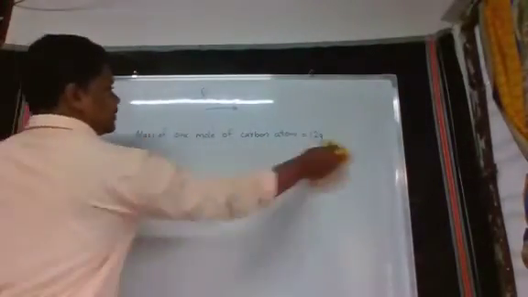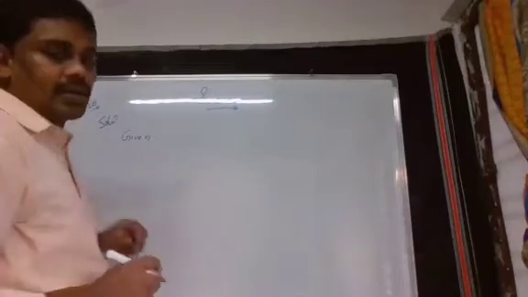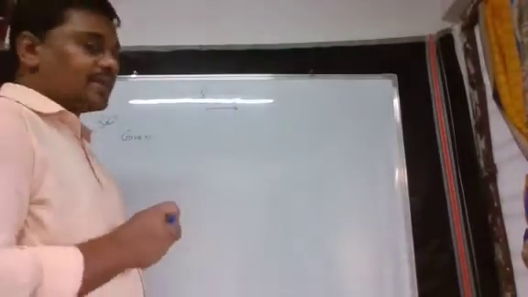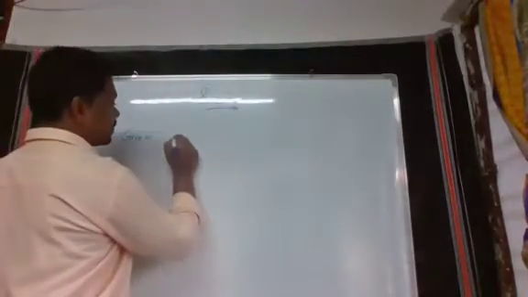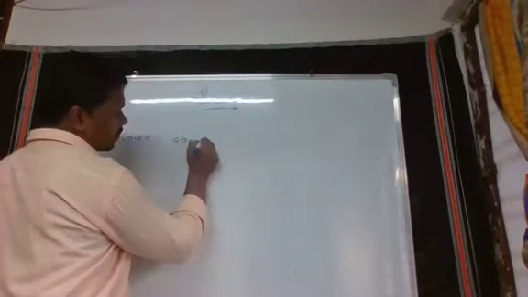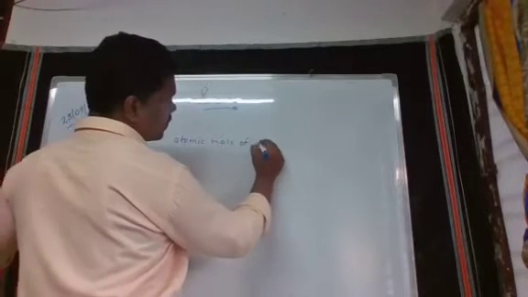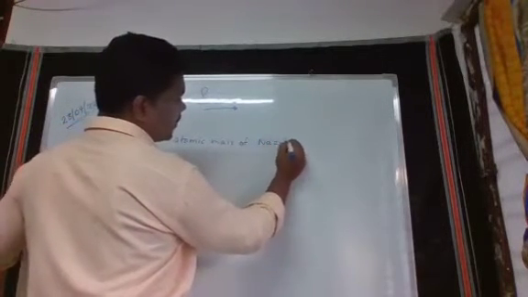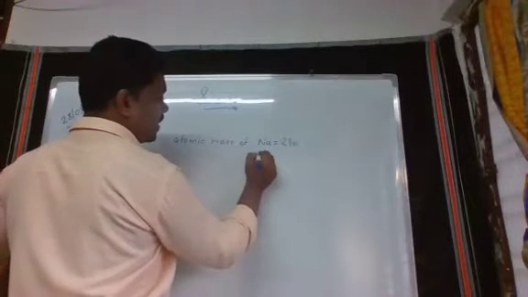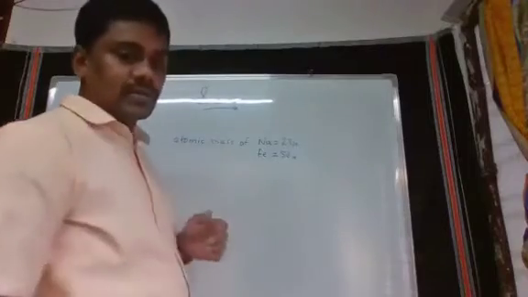So, the solution: given atomic mass of sodium is 23 units, and iron is 56 units.